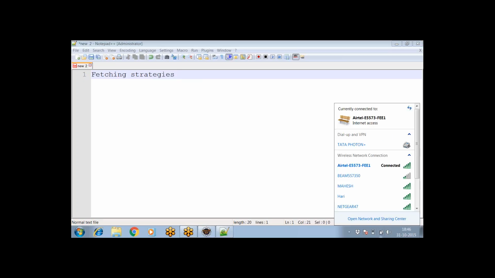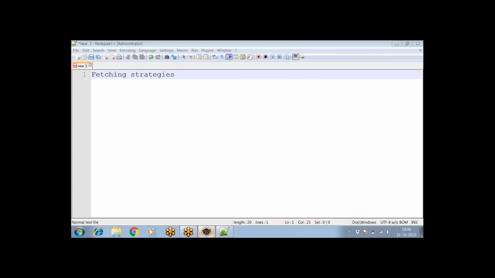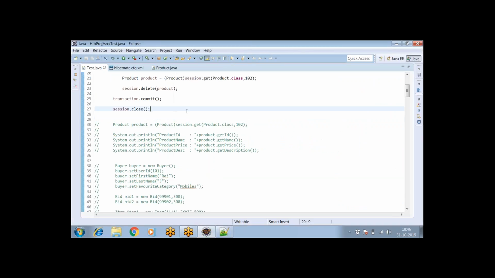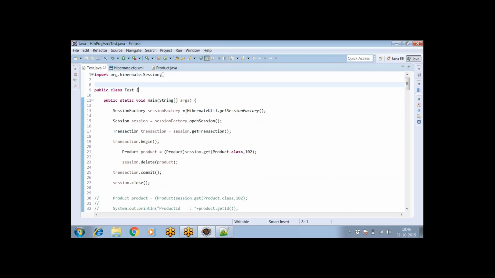Let's see. First of all, you see, so far you people saw that trying to fetch records based on the ID. Right?